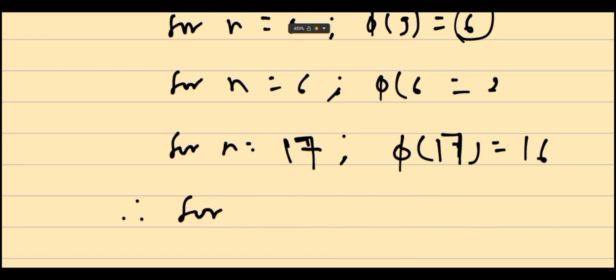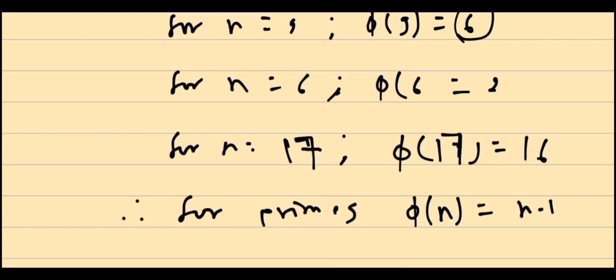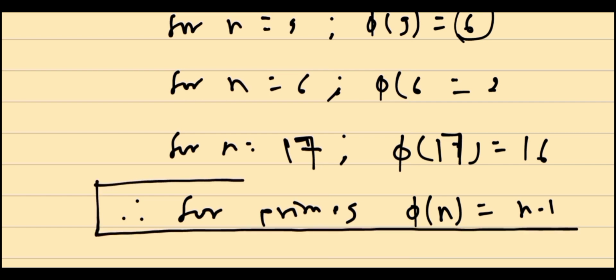For primes, phi of n is always equal to n minus 1, because here 17 is n and n minus 1 is equal to 16, and this is universal for prime numbers.